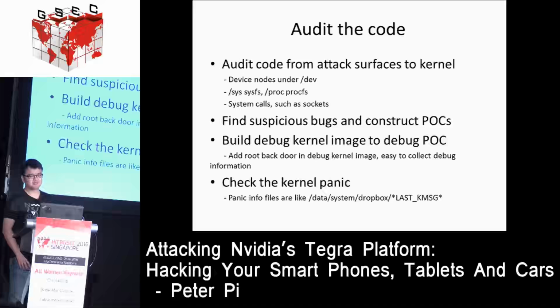There are some typical attack surfaces, such as device nodes, sysfs, procfs, and system calls. When you find suspicious bugs, you can construct a POC and use your own debug kernel image to debug the POC. You can get the kernel panic information in this folder, data system job box.